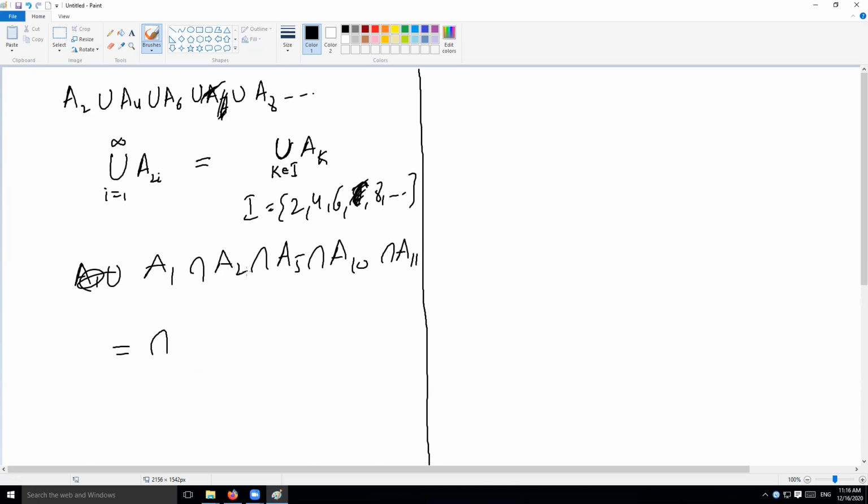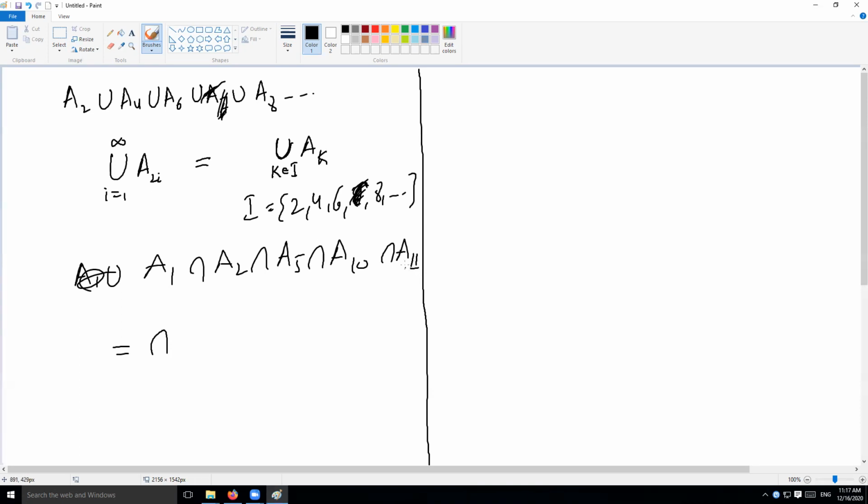See, there is no pattern here: 1, 2, 5, 10, 11. What should it be? So what I can write is this. Anyone else? 2a minus 1, sir? A pattern, sir. No, after 10 there is 11 too.